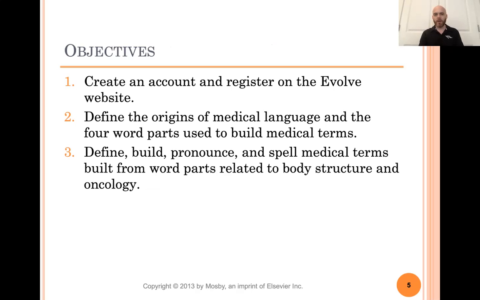On the front cover of your textbook, you have a code that each of you has. Scratch that code off and go to the publisher's website that's on the inside cover of your text, and it gives you access to the student resources.